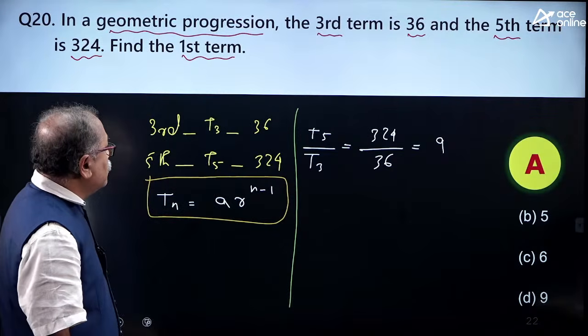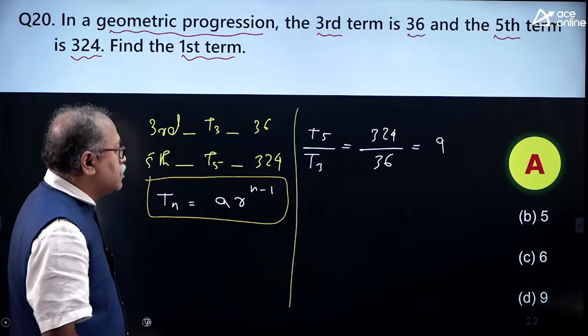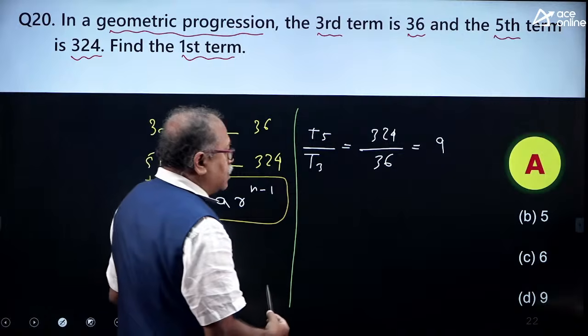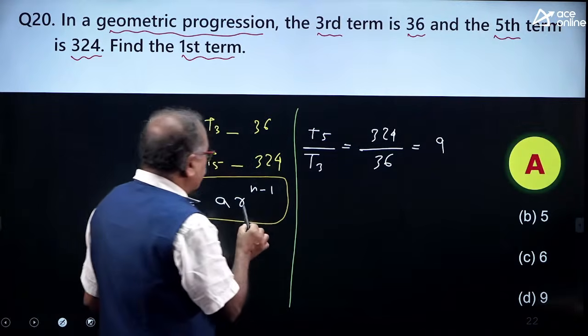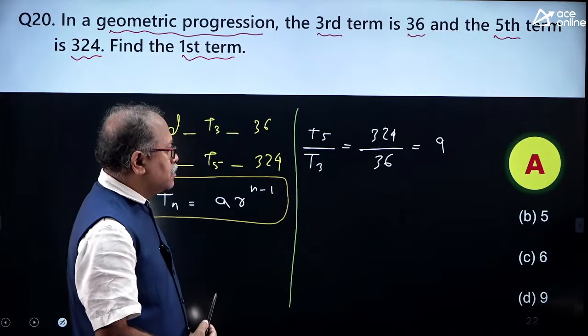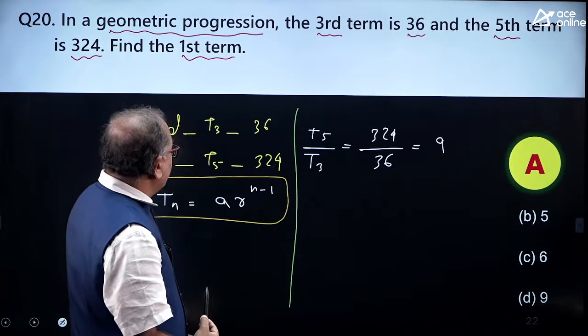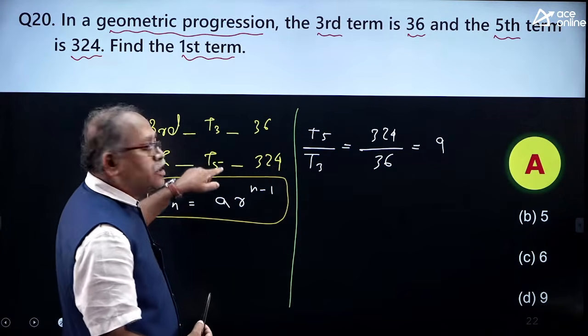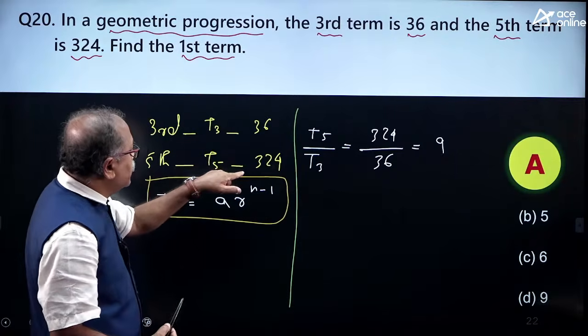So what we are getting here is r square, because look at this part.